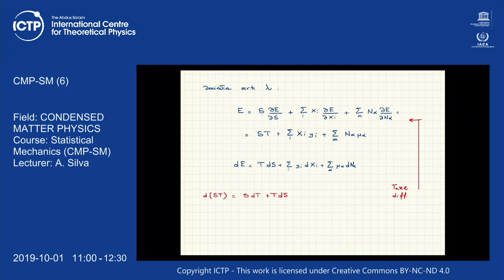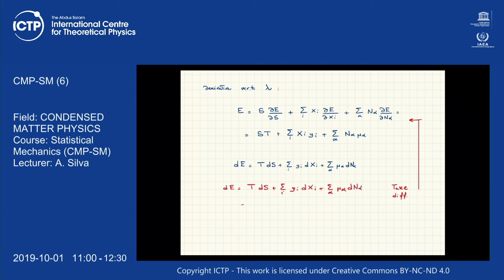Now, all the terms in which I have TdS, so something intensive times something extensive, will be collected and go into this one. And then I will have all the other terms. Okay, let me do it because otherwise I'm afraid that it's just a mess. Take a differential. So you will have dE equal to TdS plus sum over i yi dxi plus sum over alpha mu alpha dn alpha.